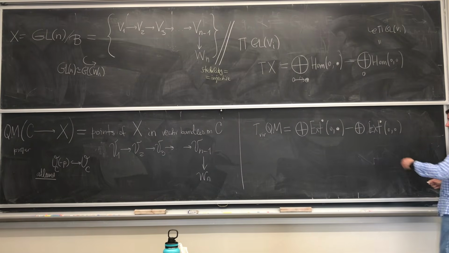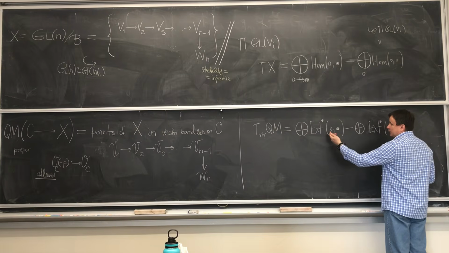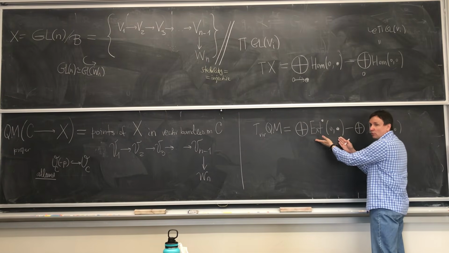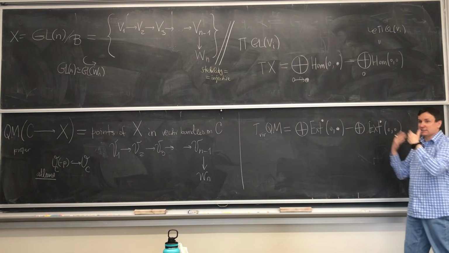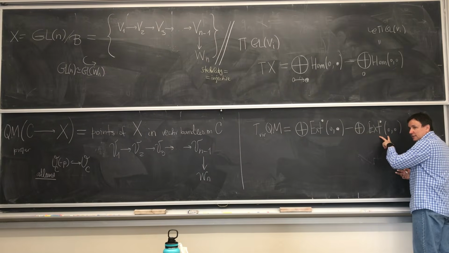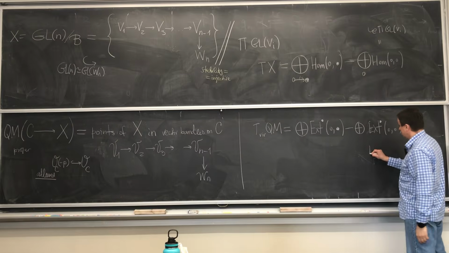And so what does this mean? This means in principle, how am I supposed to read it? There's the deformation space which has to do with Hom from a bundle to a bundle, and in principle it can have obstruction, which has to do with Ext^1 from a bundle to a bundle. Here, there's Aut, Ext^0, since I mod out, this is Ext^0.